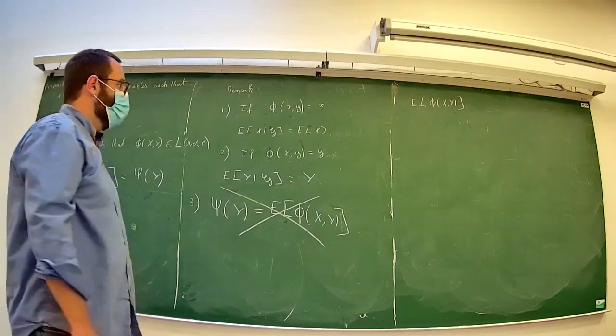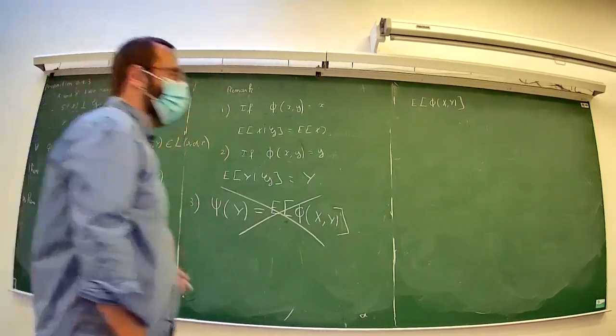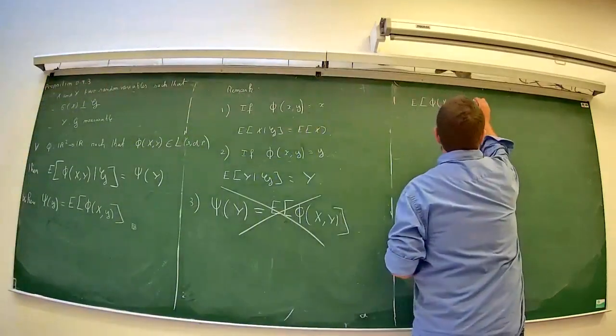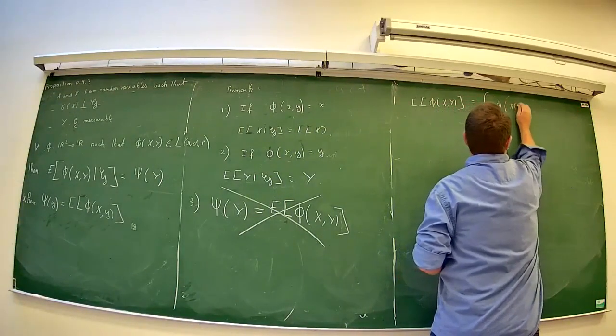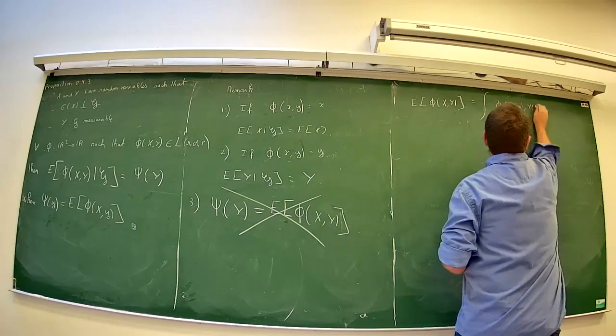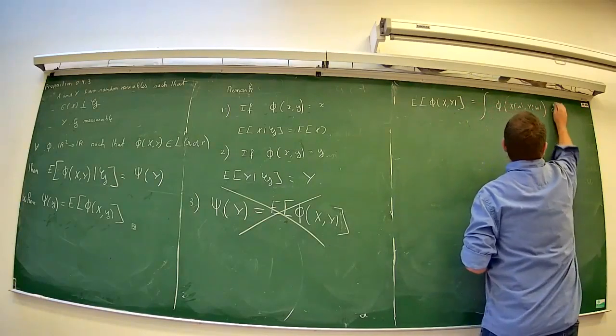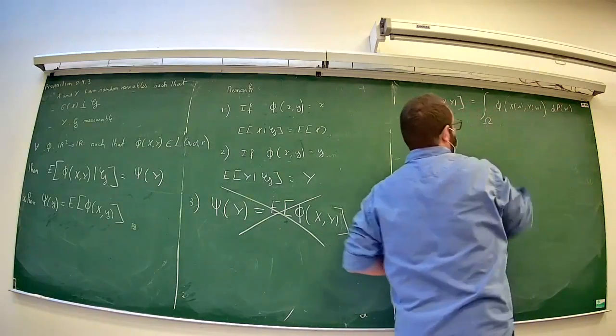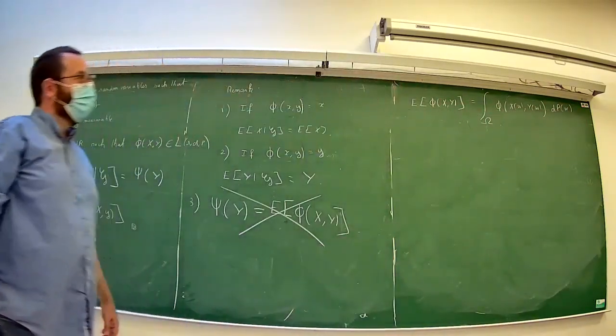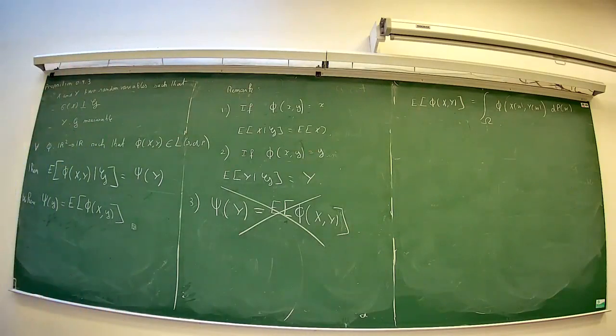It's an integral that I can write this way: the integral of phi of x, w, y, dP(w) over omega. So you have a number here. What is psi of y?